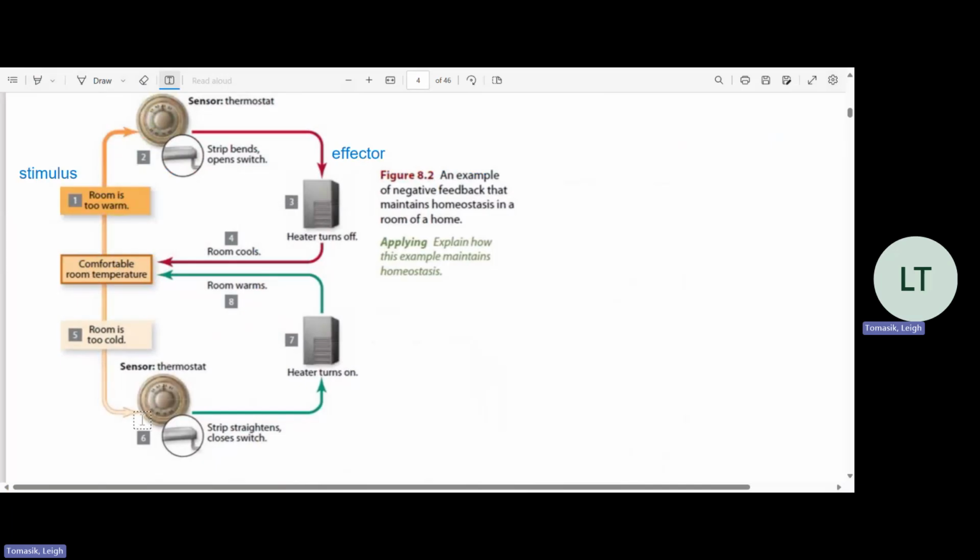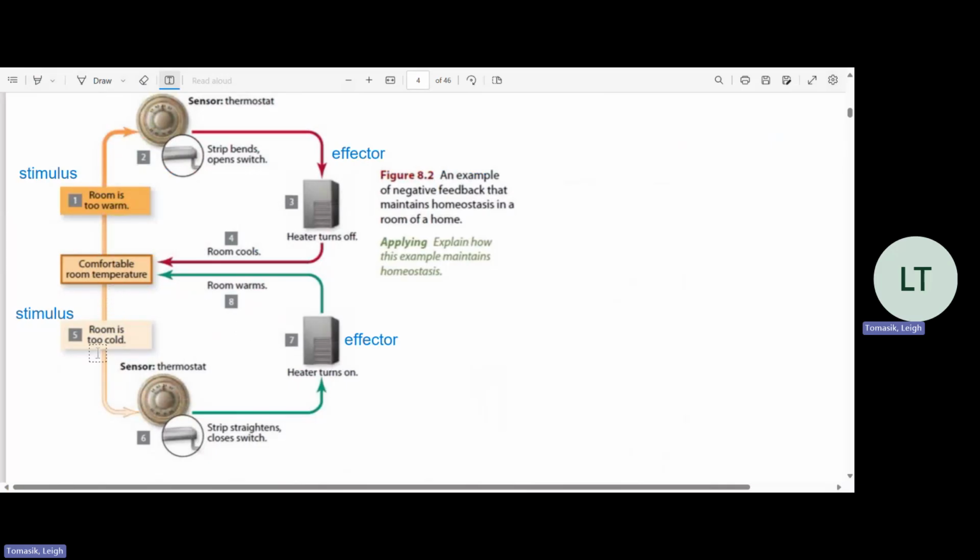Well, the metal in your thermostat will bend in the other direction, or bend less, and it will touch the metal wire, which will close the switch, which will cause electricity to flow through to the heater, which will turn on. And then the heater will heat the room up, and your room will go back to a comfortable temperature. That's another negative feedback loop.